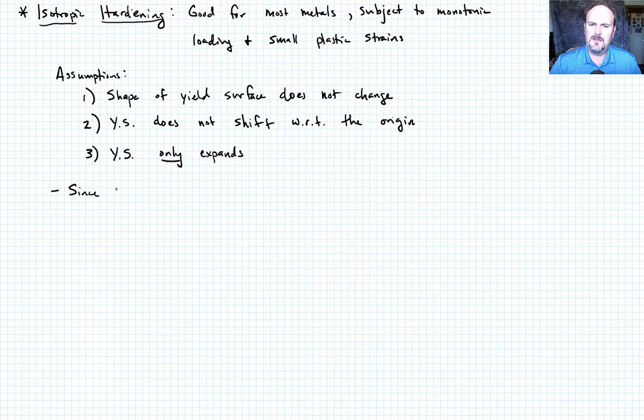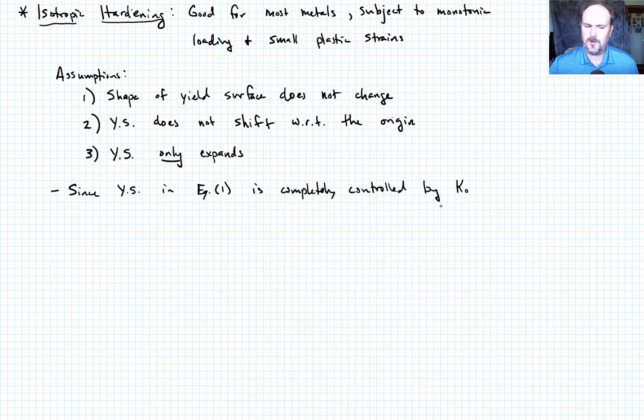Since the yield surface in equation 1, which I had above, is completely controlled by k0 or k0 squared, we can simply write the subsequent surfaces as follows.